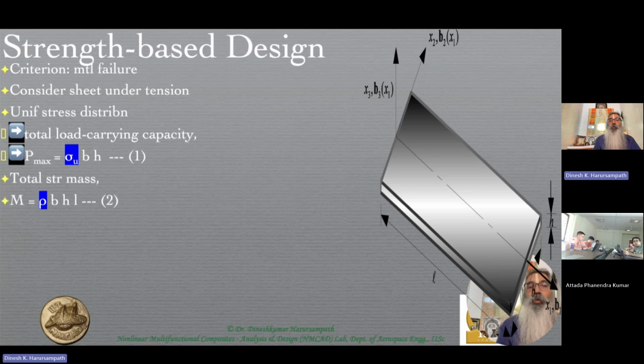Now, coming back to our analogy with the actual aircraft structural component, this could be a helicopter rotor blade or a wing, in which case the dimension L along the x1 direction, parallel to B1, is like the semi-span. If the span of the aircraft is given to us, which is the distance from wingtip to wingtip, then half of that distance, the length of one of the wings, either starboard or port, is what we denote by L here.